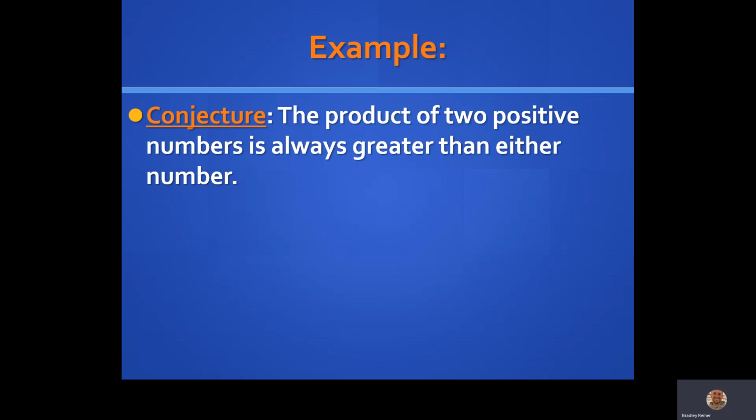Maybe I'll use 10 and I'll use 17. 10 times 17. That's going to give me a product of 170. Is 170 bigger than 10? Is it bigger than 17? Yes. It looks like the conjecture works.